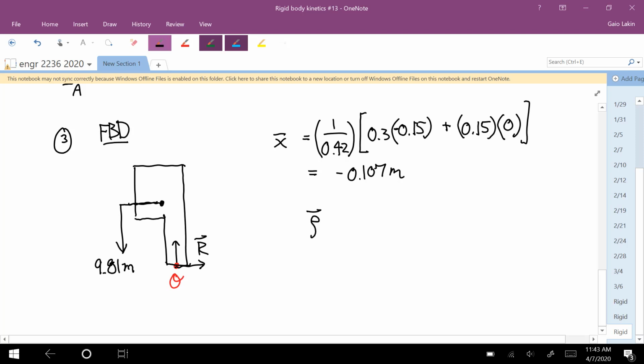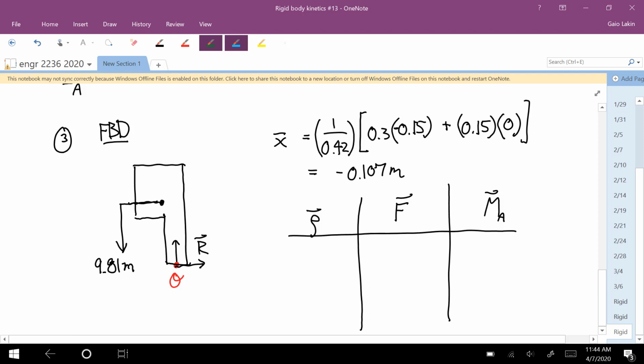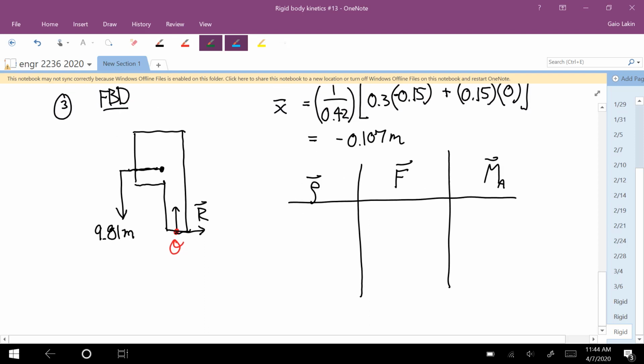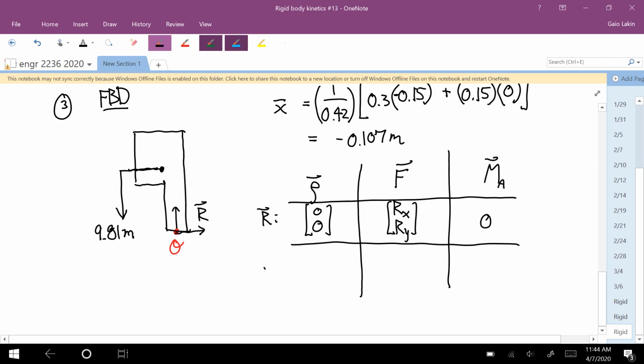And now step 4, we'll set up this table: r, force, moment. First I'll do this force R. That's at the about point. The force is Rx, Ry. The moment is 0. And then we have the weight force. We can treat that like the coordinates are negative 0.107, 0.